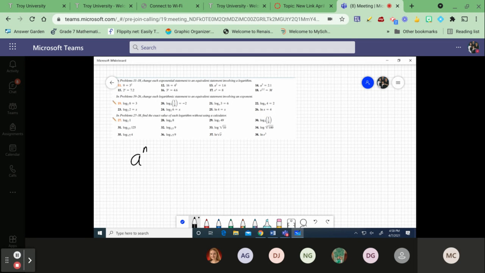I don't know if you wrote these down the other night. What do we do with that? Well, Sam, remember those exponential properties? One that we've already looked at tonight, a to the n times m.